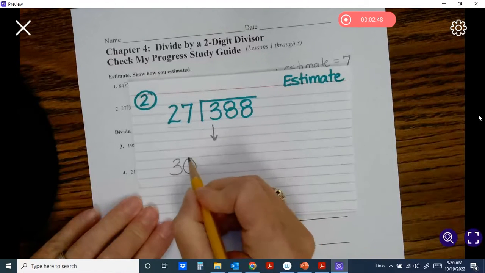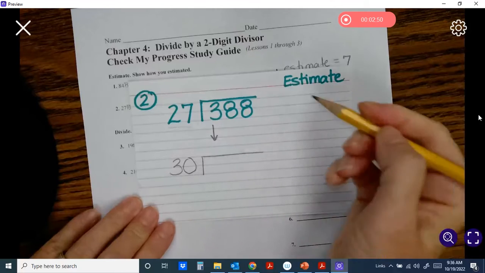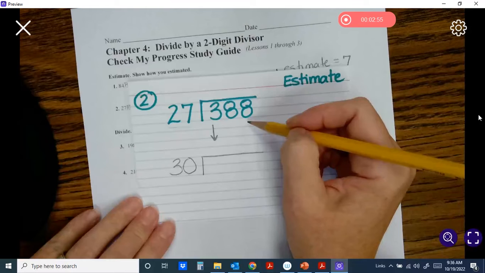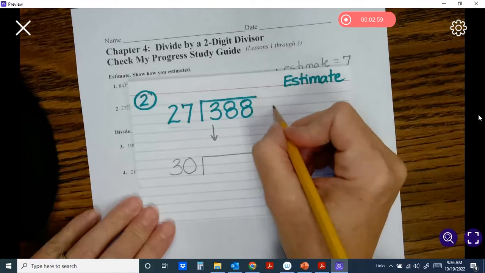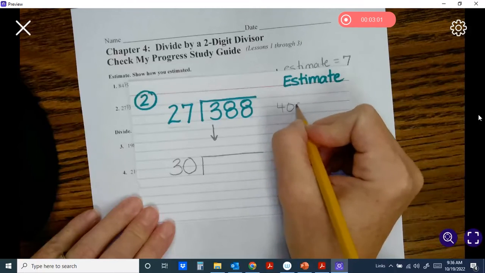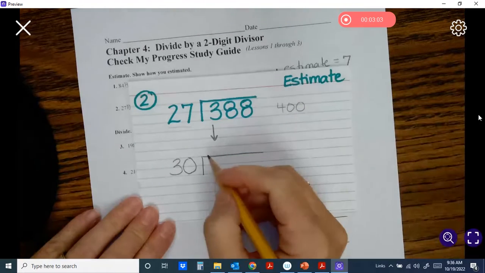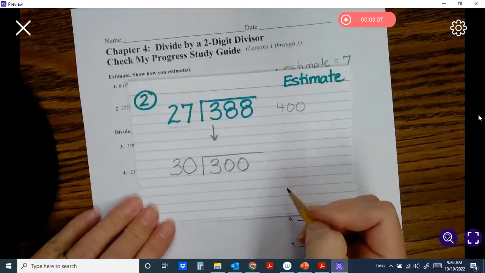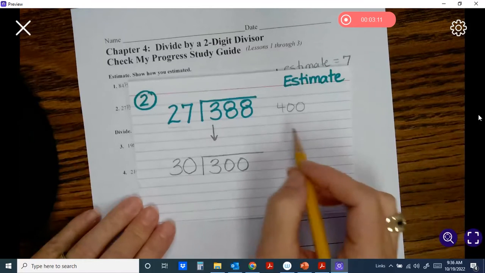Now, my issue here is I'm looking at this and I'm thinking, okay, rounding this to 300 really is rounding it down by a lot because this is much closer to 400 than it is 300. So that really is not an accurate estimate at all. So I'm struggling with that.